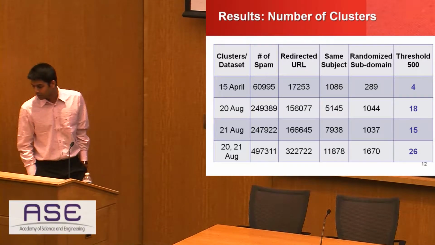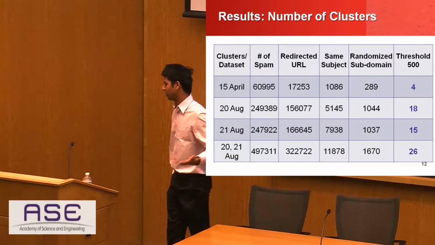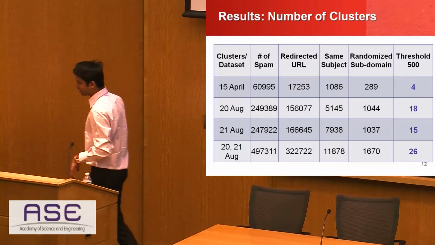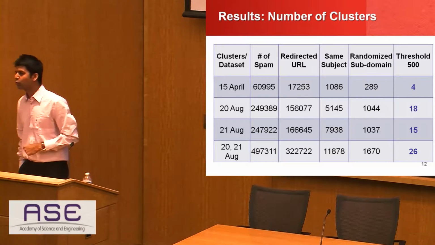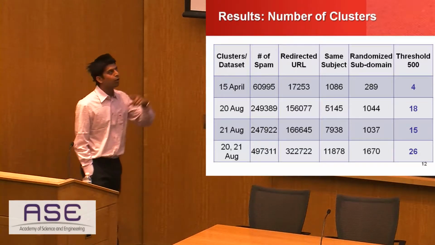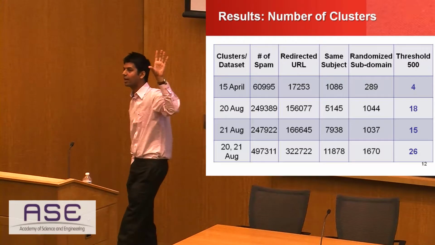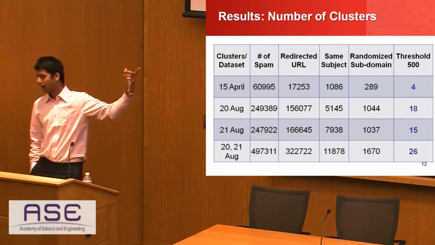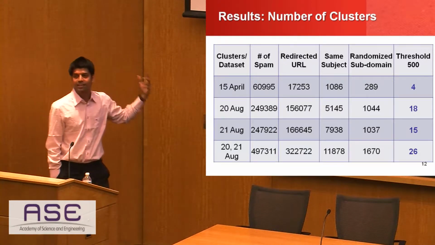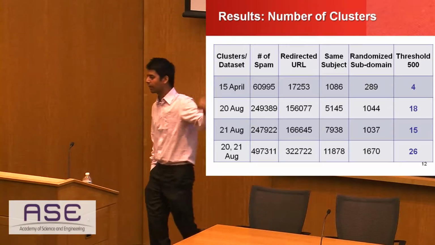And in level 2, same subject, it has been reduced to 1086, almost 1,000 clusters. When we apply subdomain, it is reduced to around 300 clusters. And finally, when we apply threshold, we got only 4 clusters, which represents the original 4 campaigns, not spam emails. So out of 60,000 spam emails, we have got 4 prominent spam campaigns.